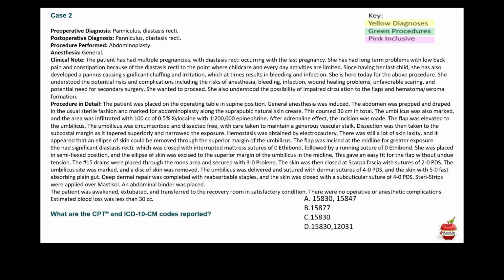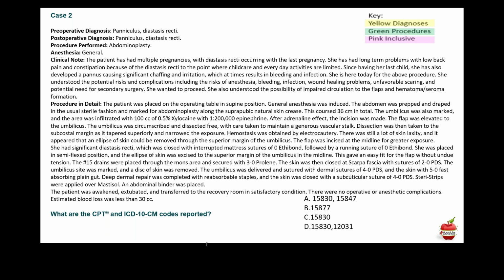The umbilicus was also marked and the area was infiltrated with 100 cc of 0.5% xylocaine with 1:200 epinephrine. After the adrenaline effect, the incision was made. The flap was elevated to the umbilicus. The umbilicus was circumcised and dissected free with care taken to maintain a generous vascular stock.